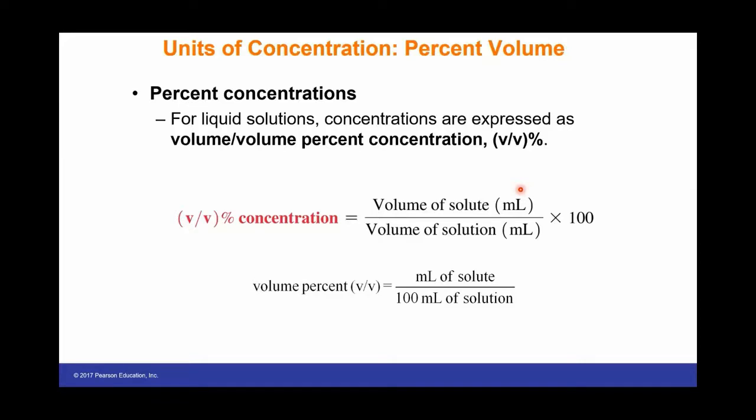Although in our calculations for this course we just assume that the volumes are additive, in actuality, when we mix two liquids, the volume is a little bit less than the numerical sum. So let's say we mix 100 milliliters of one liquid and 100 milliliters of another liquid. We use the calculation to say that the total volume is 200, but in actuality the volume is slightly less than 200. Nonetheless, these are the exact same calculations that we did for mass per mass percent concentration. Now we're just using volume in milliliters.